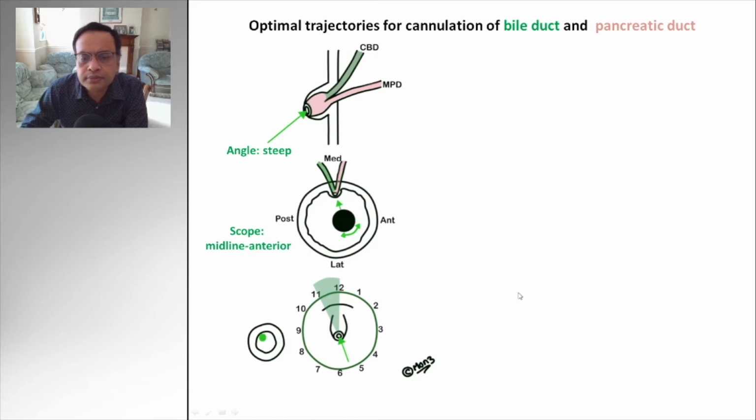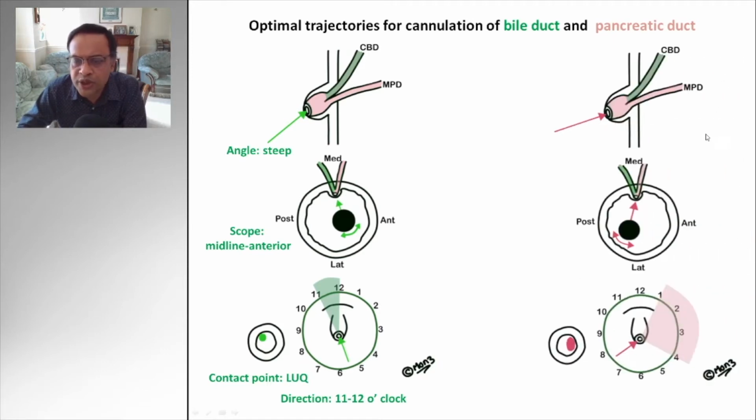The point of contact on the papillary orifice is the left upper quadrant, and the wire or cannula should be directed towards the 11 to 12 o'clock sector as observed by the ERCPist. These maneuvers all optimize the direction of cannulation so that the cannula is in the same axis as the duct.